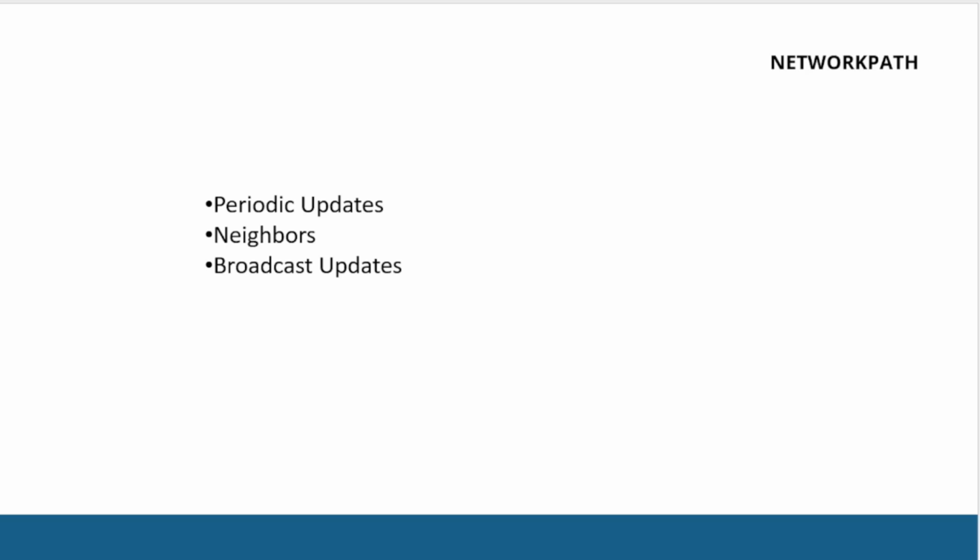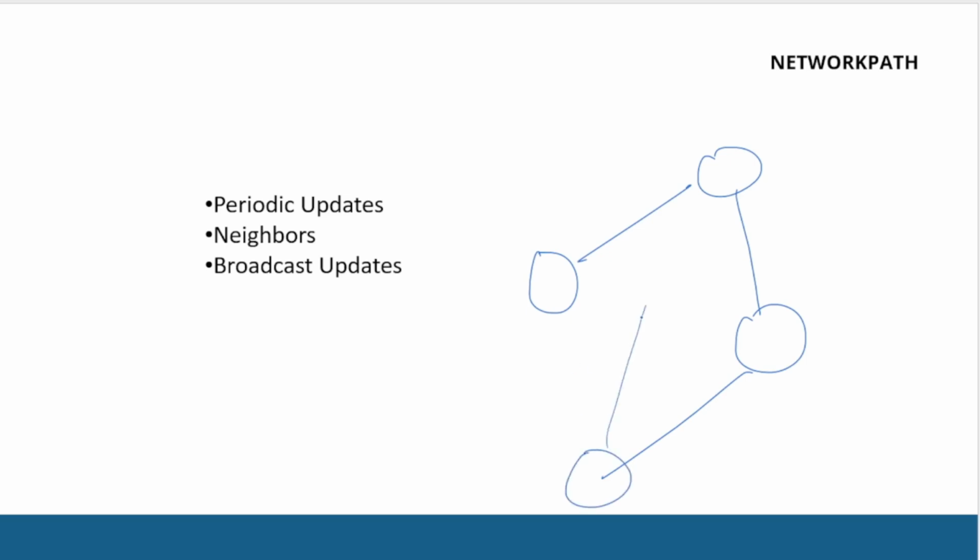If there are a few devices connected with each other, they will be sending updates about their routing every 10 seconds. It does not matter if there is any change or not. It will send this update every 10 seconds. This router will send every 10 seconds, and this one will send every 10 seconds.